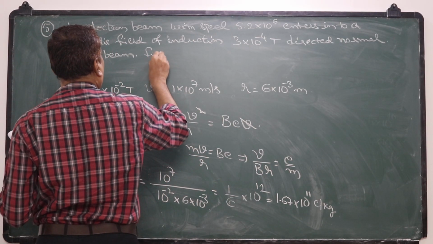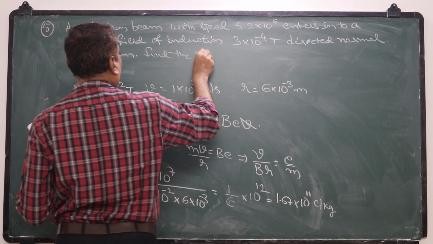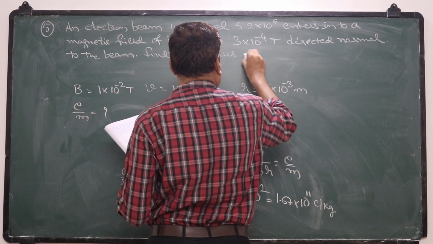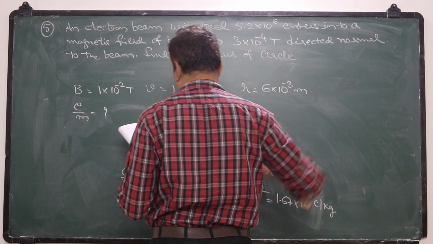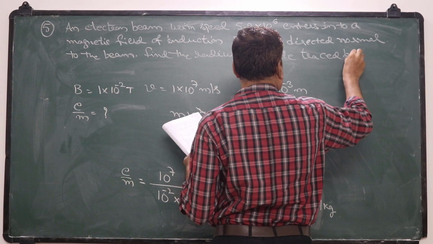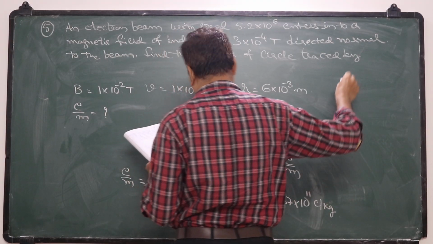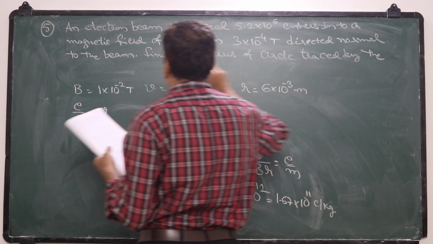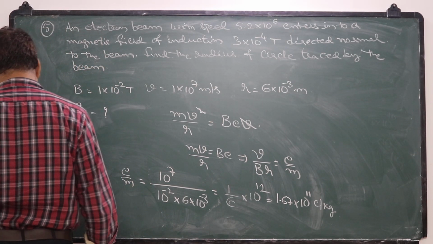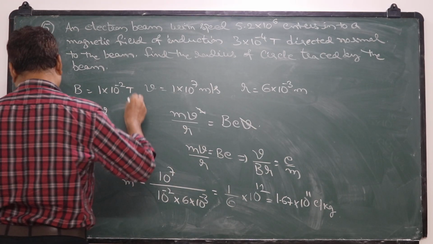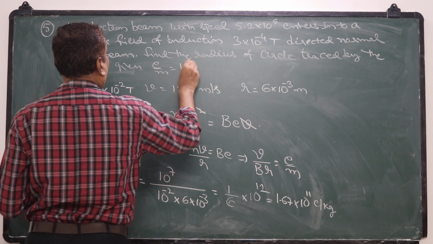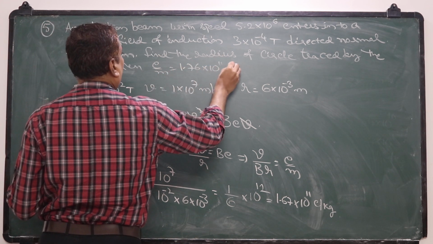Find the radius of the circle traced by the beam, given e by m is 1.76 10 to the power 11 coulomb per kg.